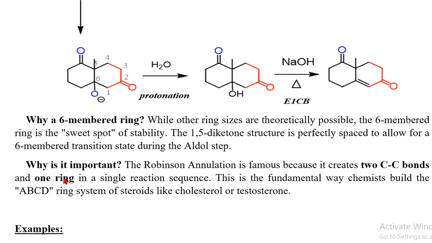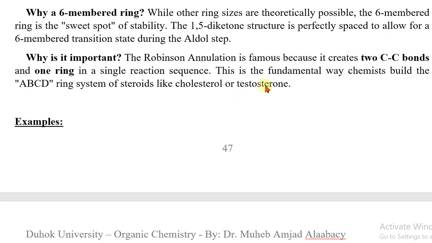So we have 2 new bonds and 1 cycle. So this is fundamental why chemists use this type of structure. It is very useful to build steroids, like cholesterol or testosterone, the hormones in our body. It can be used as a drug.